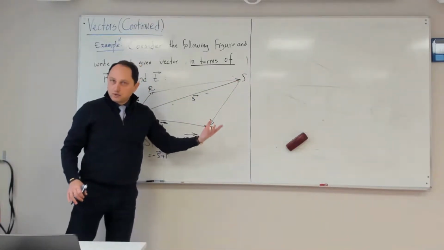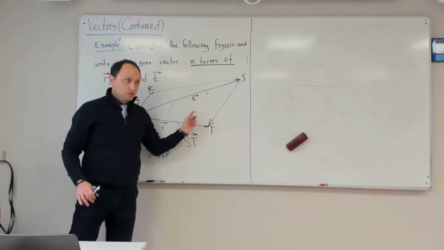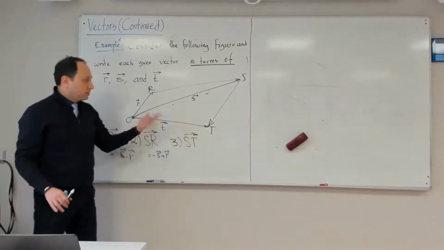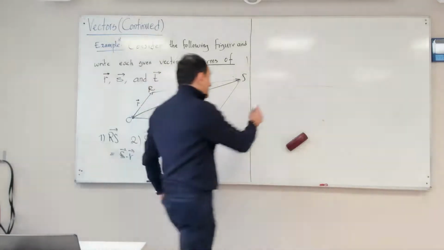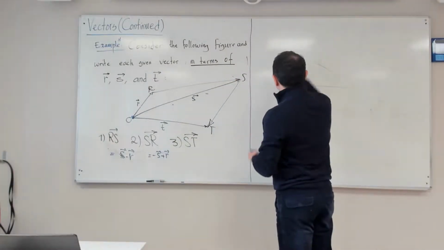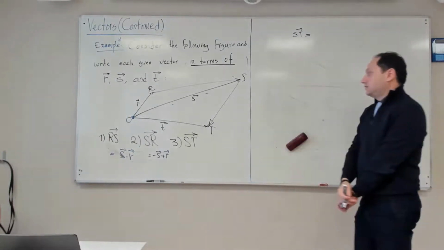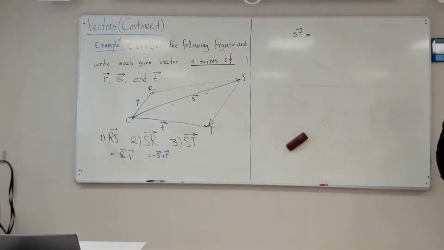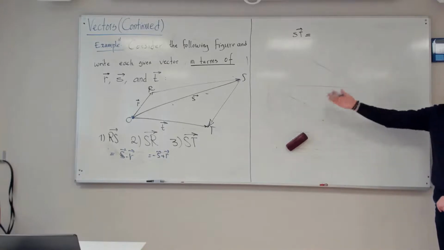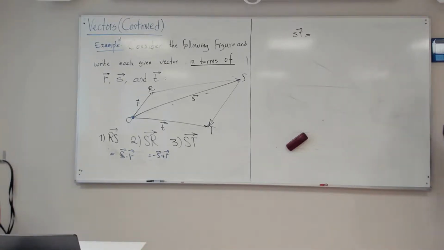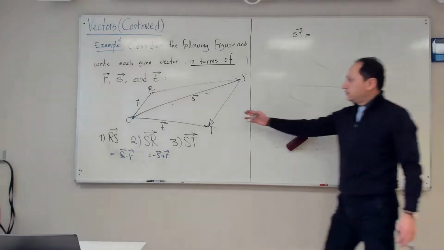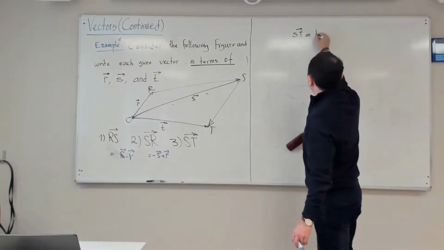So it is related to the difference of these 2 vectors, yes? Because I just told you. But which direction is important to write it? The order is important. So can you tell me which one minus which one, or which one plus this one will give me ST? Yes? T minus S, because it is pointing towards T. So you should write T minus S.